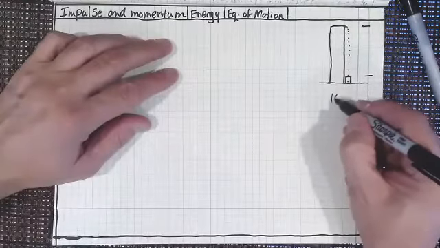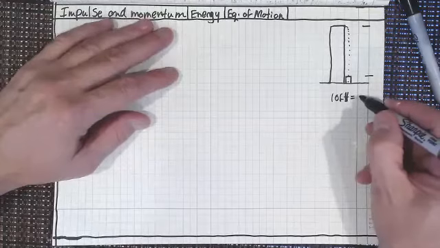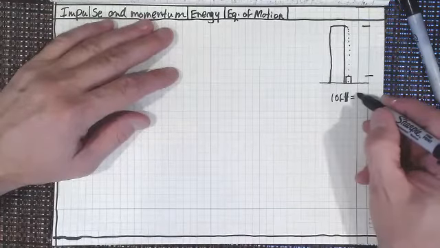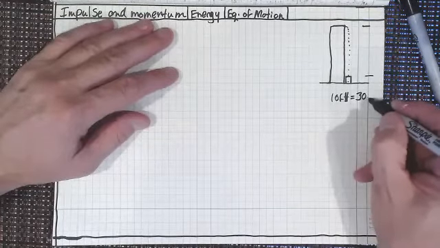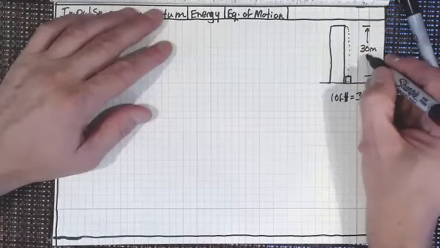Let me just write this. 10 floors equals 30 meters. 3 meters per floor. So I've got 30 meters that I'm throwing this out the window, right?